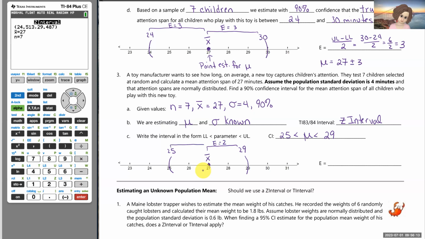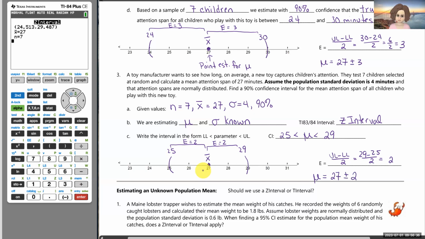Now we just have a 2-minute margin of error. And again, you could use the formula upper limit minus lower limit divided by 2 if you would like. Either way is totally fine. That will be 2. So in this case, we could say we think that the mean is 27 minutes plus or minus 2 minutes.